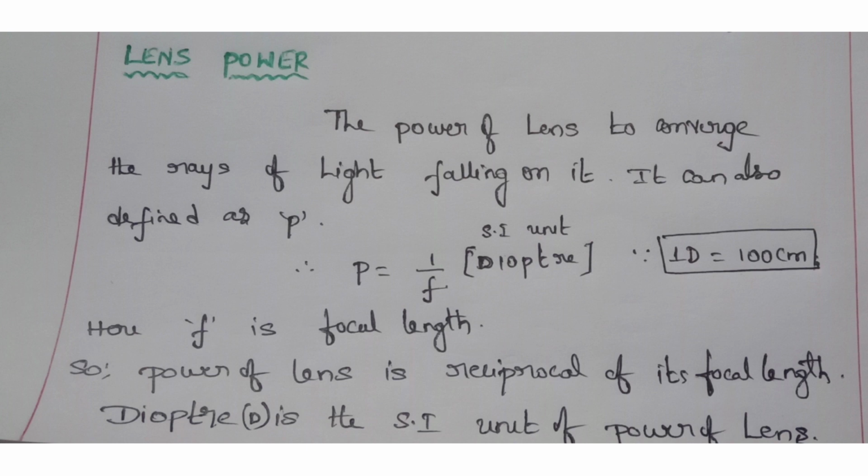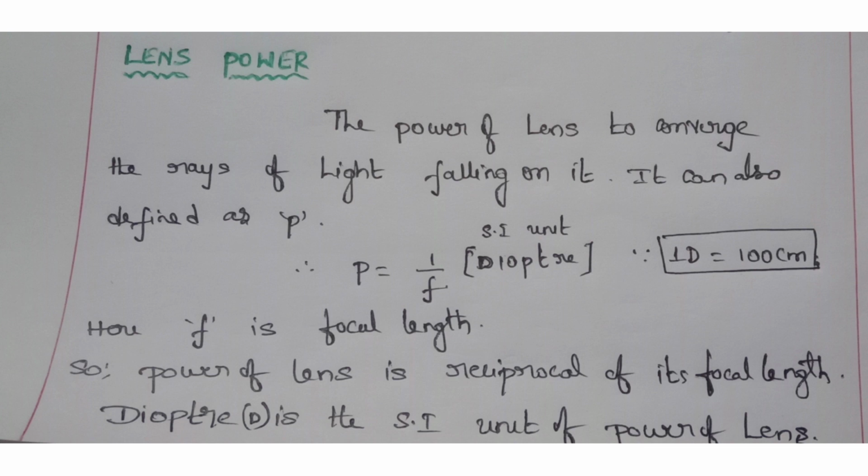The SI unit of power is the diopter. 1 diopter is equal to 1 per meter, that is 100 centimeters. So the power of a lens is the reciprocal of its focal length, and the diopter is the SI unit of lens power.